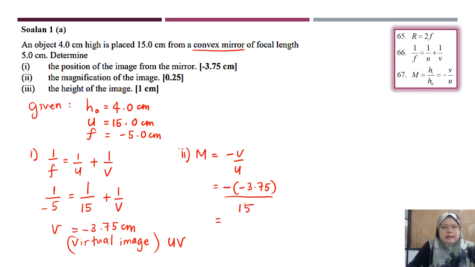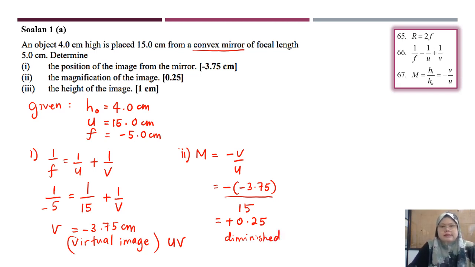Here I will get the magnification of positive 0.25. Apa maksud positive 0.25? Positive maksudnya dia upright. Upright is a virtual image lah. Then 0.25 is less than 1. Bila less than 1 maksudnya dia diminished. So you have to remember this one.